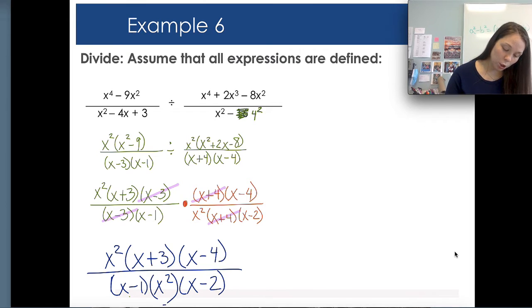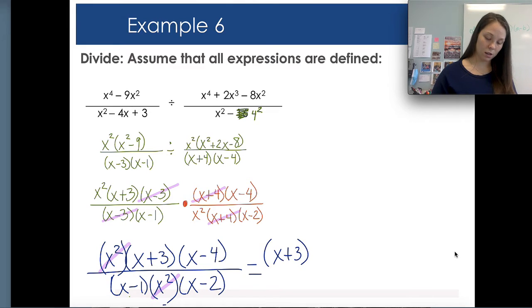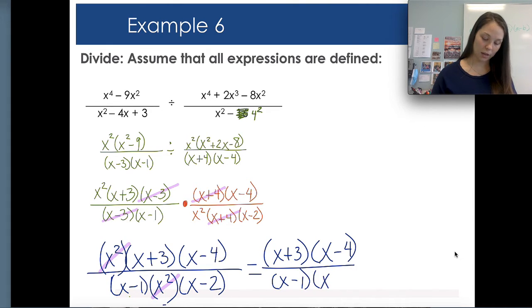Looking at all my new factor pieces, I have one more common factor of x squared that I can cancel out. So my very final answer, yes, we are almost done, is x plus 3 times x minus 4 all over x minus 1 times x minus 2.